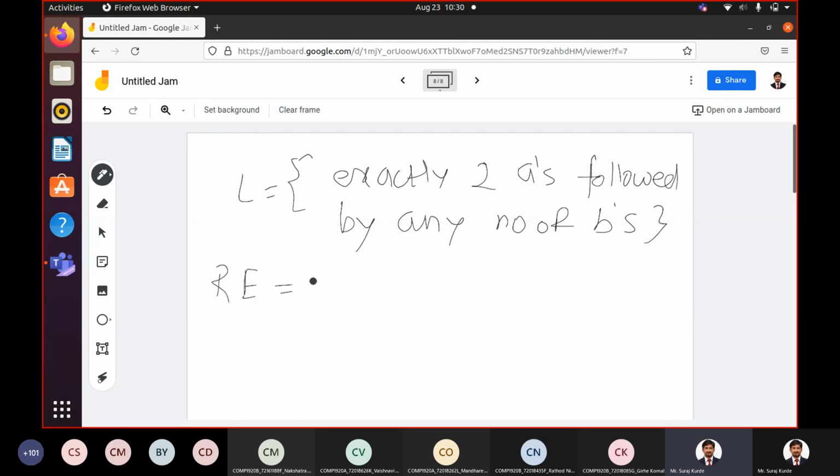What is the regular expression? AA B star. Good, so this will be the regular expression. Now, what will it represent? All the strings which start with double A and after that B is present 0 or more times.